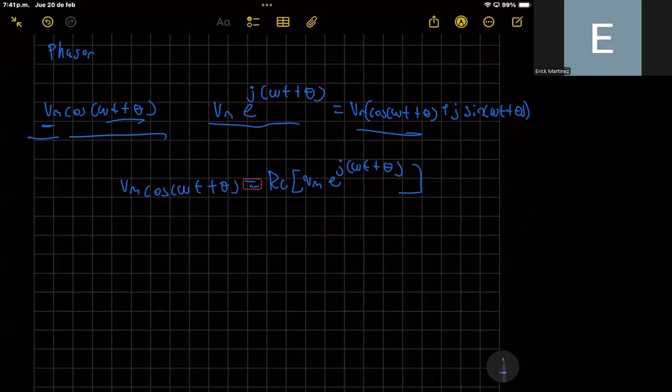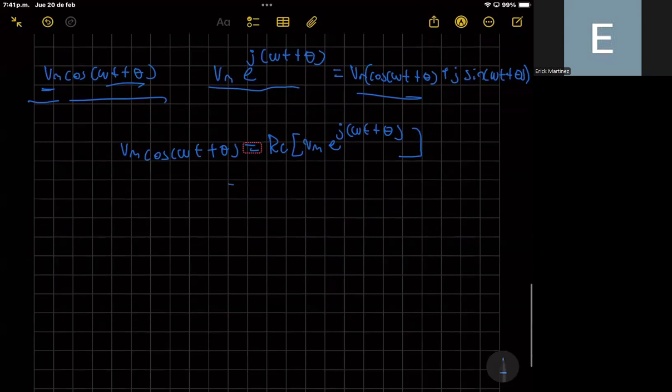But another thing that I can do is distribute the terms of this exponential. So this expression is equal to the real part of Vm times e elevated to the j times omega times t, times e elevated to the j times theta.